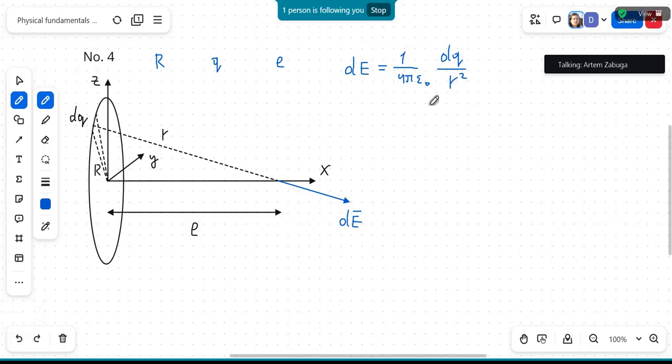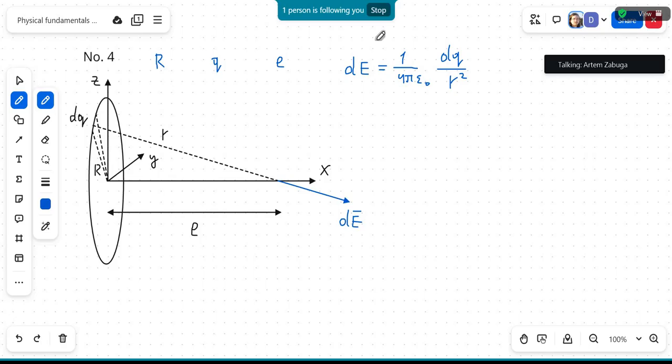But first of all, we have to take into account that electrostatic field intensity is a vector value.